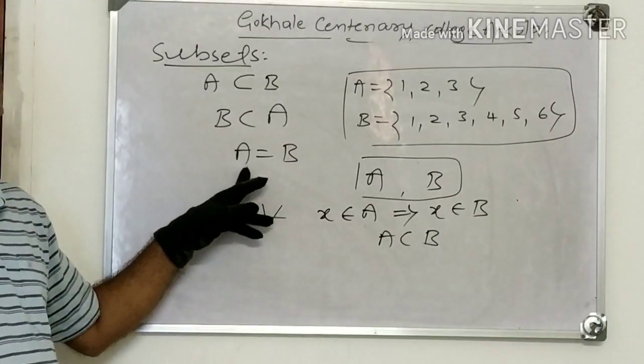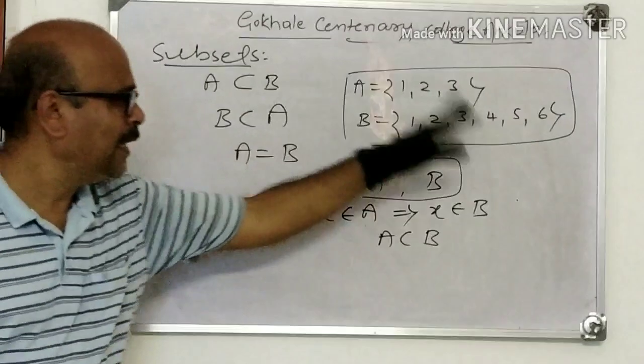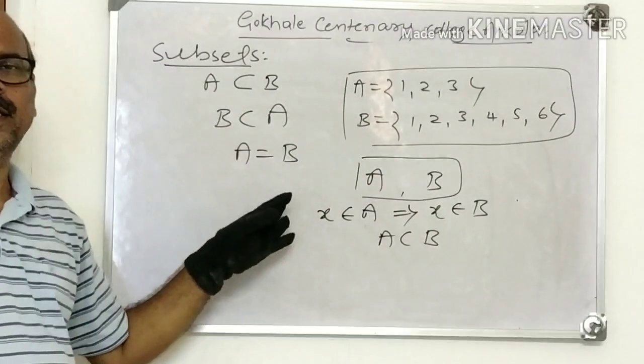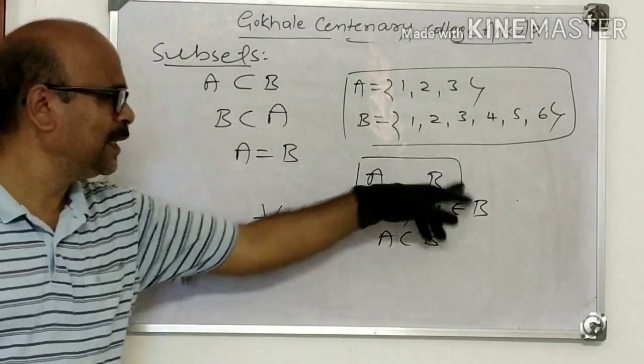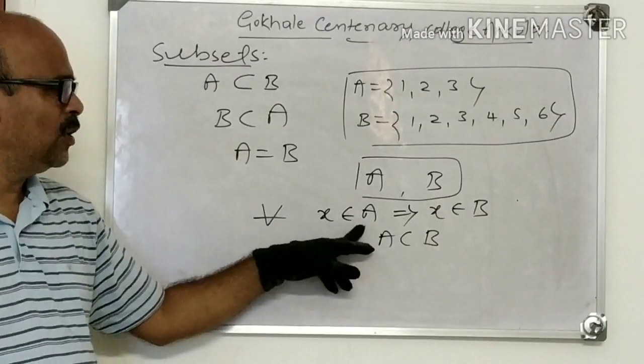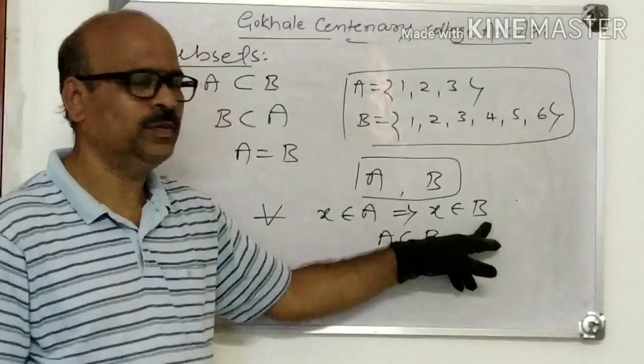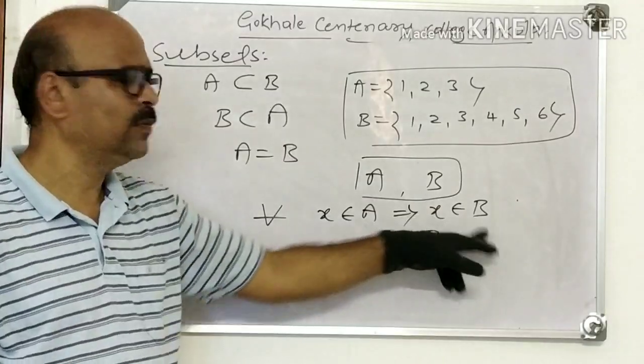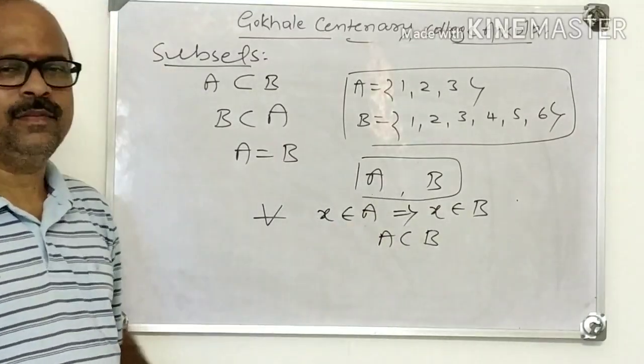Then how do you prove that A is contained in B? We take one arbitrary element x belongs to A and prove that x belongs to B. Then for all x belongs to A, x belongs to B. Therefore A is contained in B.